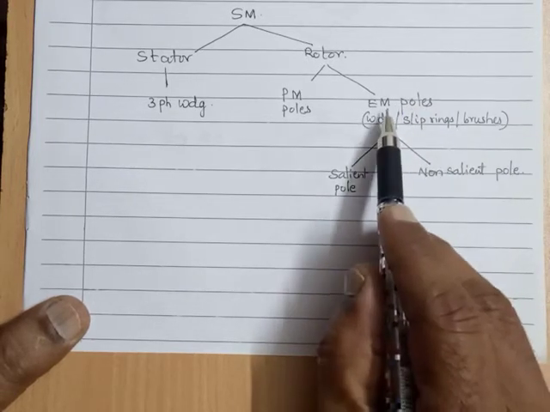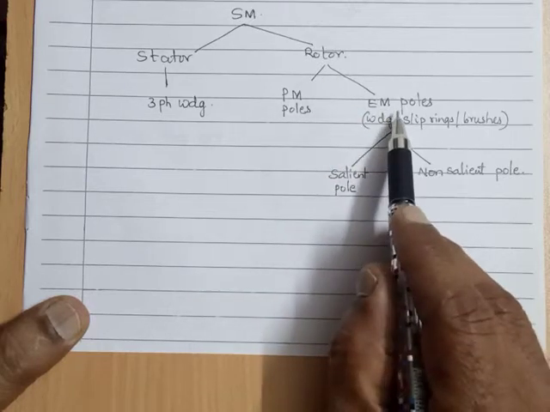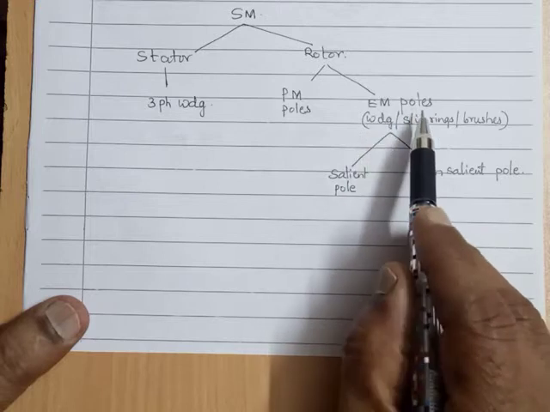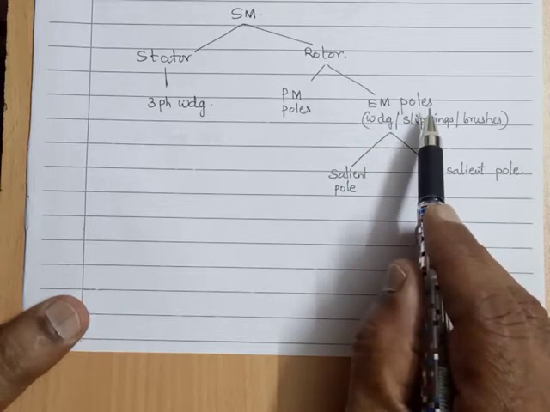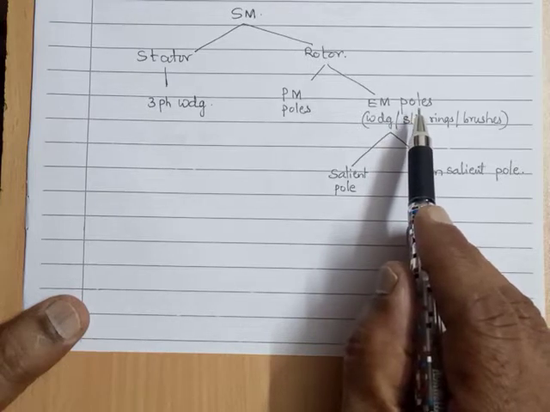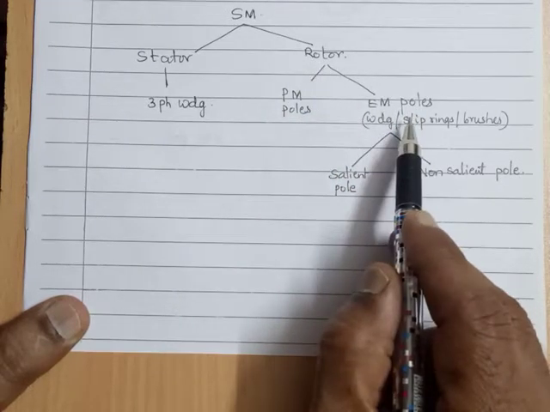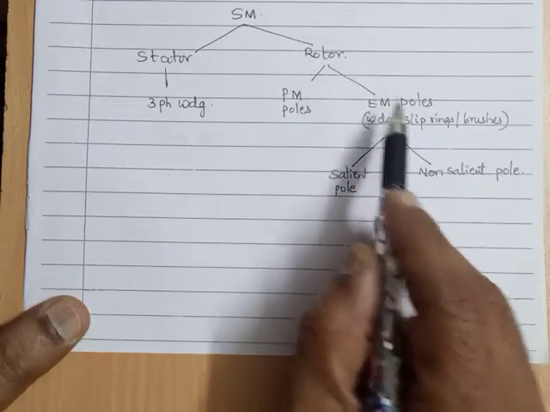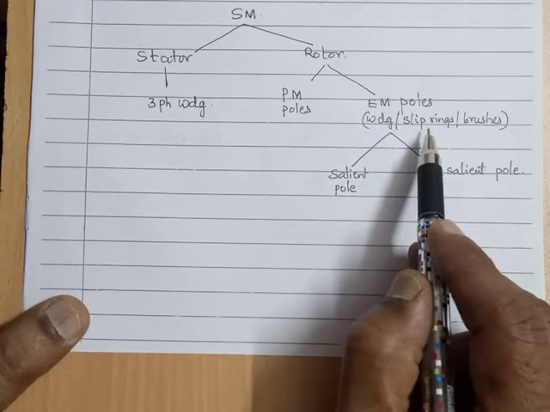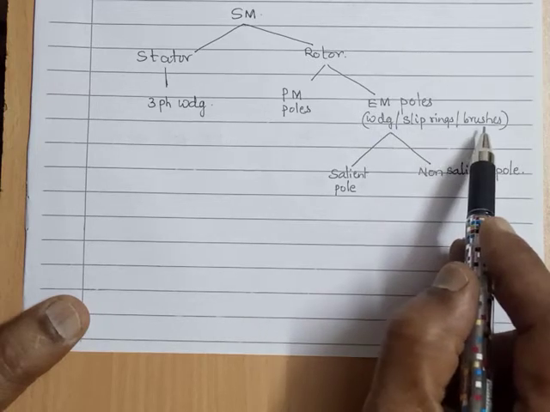In this case, when the rotor consists of electromagnetic poles, there is a need for a winding, and we have to pass the current, the DC, through that winding on the rotor. Since we have to pass the current through the winding on the rotor, which is rotating, we need slip rings and brushes.